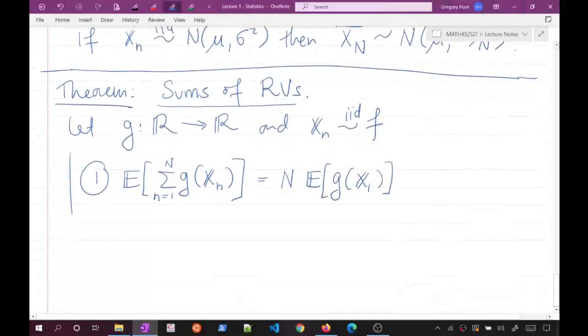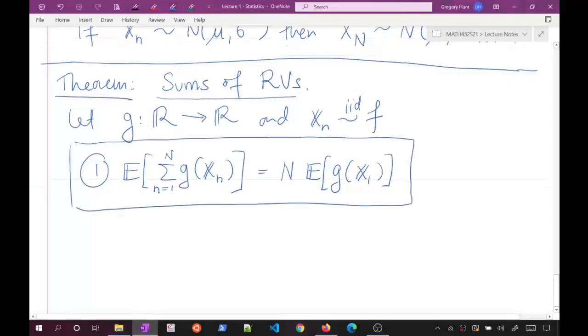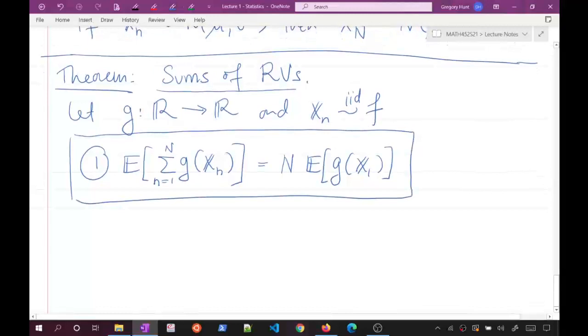Okay. Let's put a box around that. That is the first part of the theorem, basically.